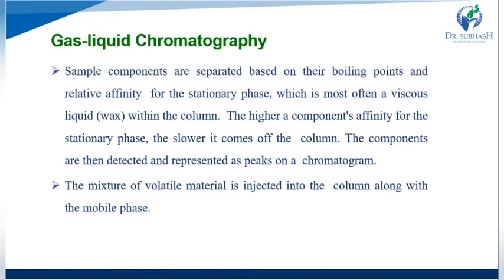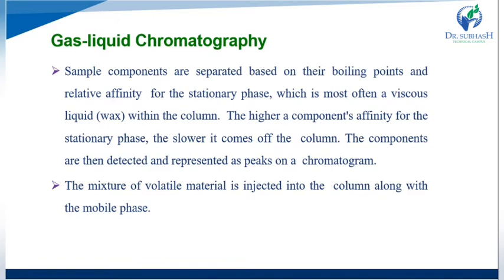Within the column, the higher the component's affinity for the stationary phase, the slower it comes off the column, and the components are then detected and represented as peaks on a chromatogram.